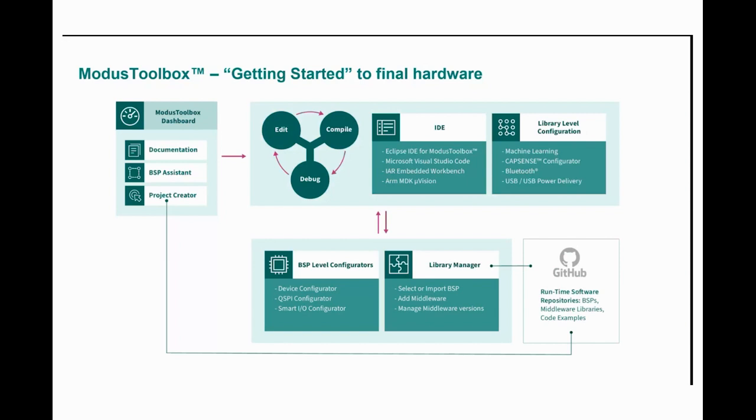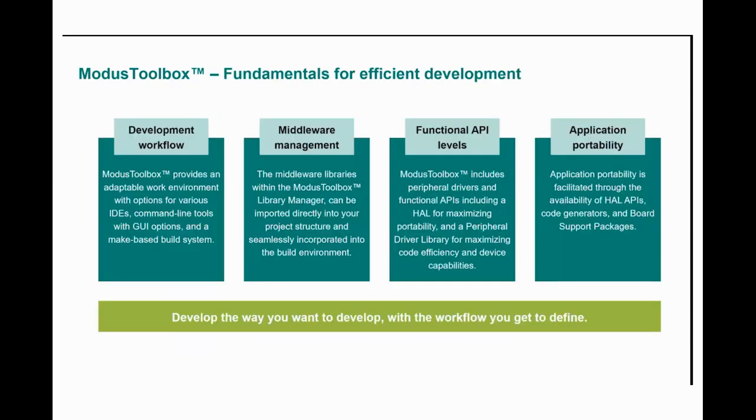But what I wanted to focus on today, especially as we get to how I really make embedded development efficient, is these four key aspects that I feel ModusToolbox plays well into. The first one is the development flow itself and the flexibility of the development.